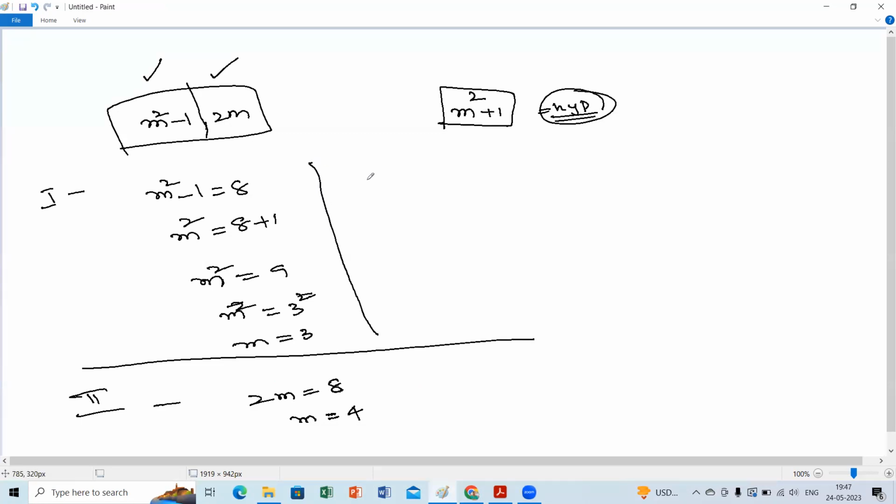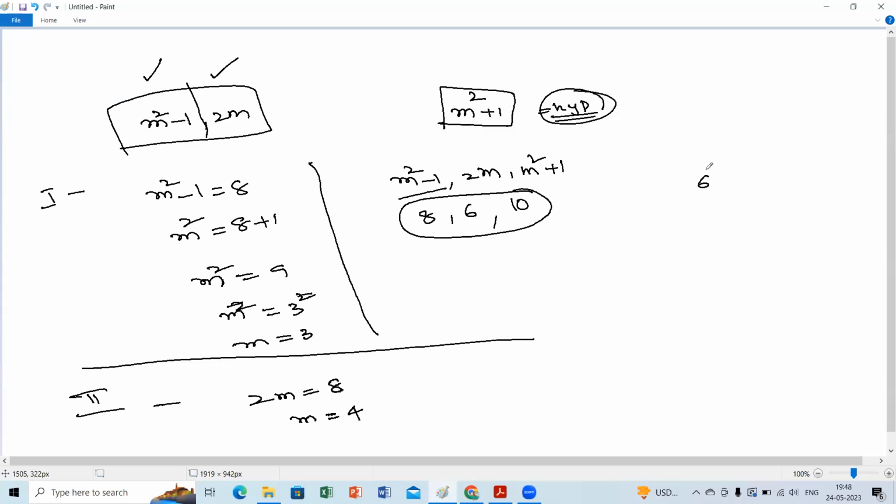What are the three numbers? m square minus 1, 2m and m square plus 1. m square minus 1 we got as 8. 2m is 2 into 3, 6. And m square plus 1 means 10, right?